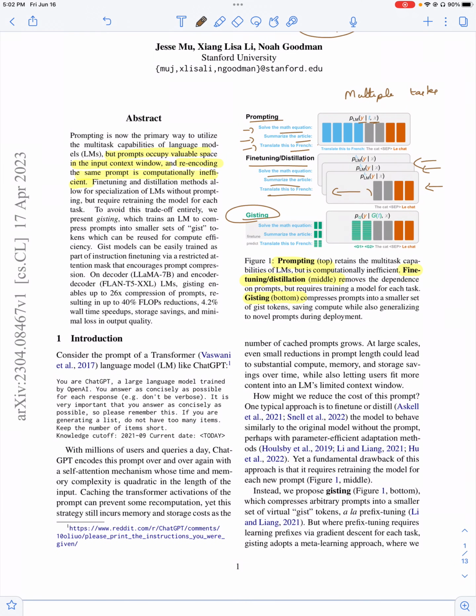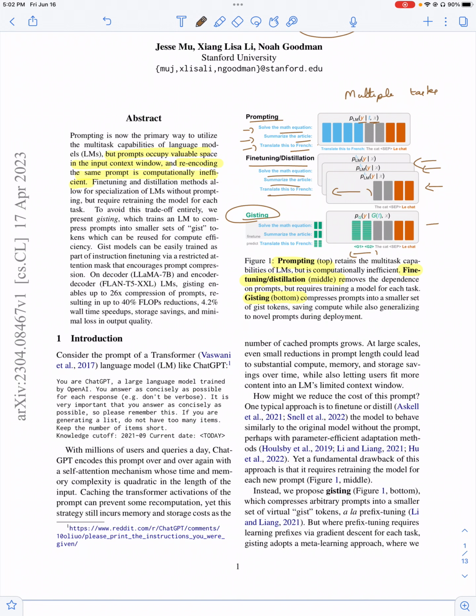Gisting is sort of in between, where you're not going to completely do away with the prompts, but rather you're going to have a couple of tokens called gist tokens. Here they are denoted as G1 and G2. And now they are going to take the place of the prompts, right? But you also don't want to fine tune for a particular task or a data set.